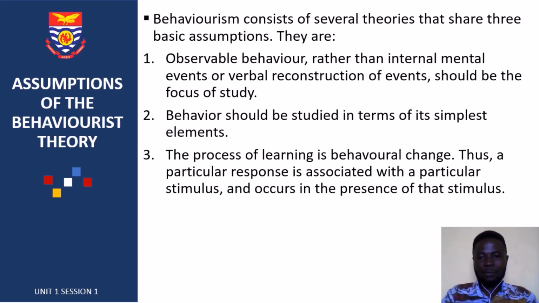In this case, we are associating a particular response to a particular stimulus. There shouldn't be a case where you now go to class with the same cane and students are all over jubilating, jumping here and there. That is what the assumption is about. A particular response is associated with a particular stimulus and occurs in the presence of that stimulus.